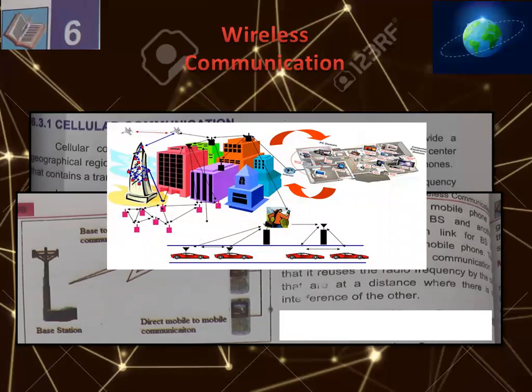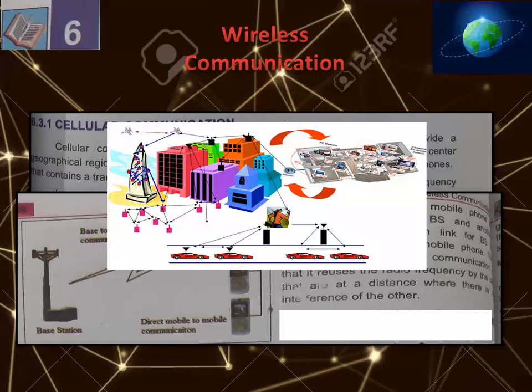So here on your screen, you can view the cellular network and the base station and how the buildings are interconnected with each other, and how they can send and receive signals. Here we have a base station.